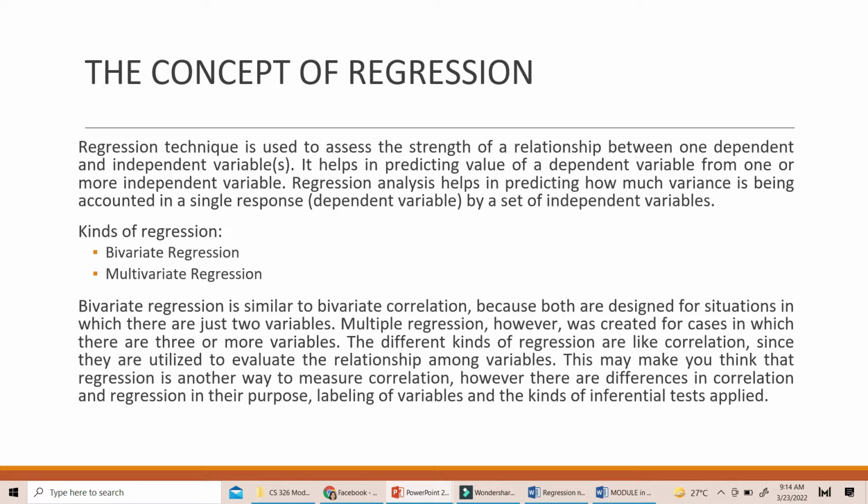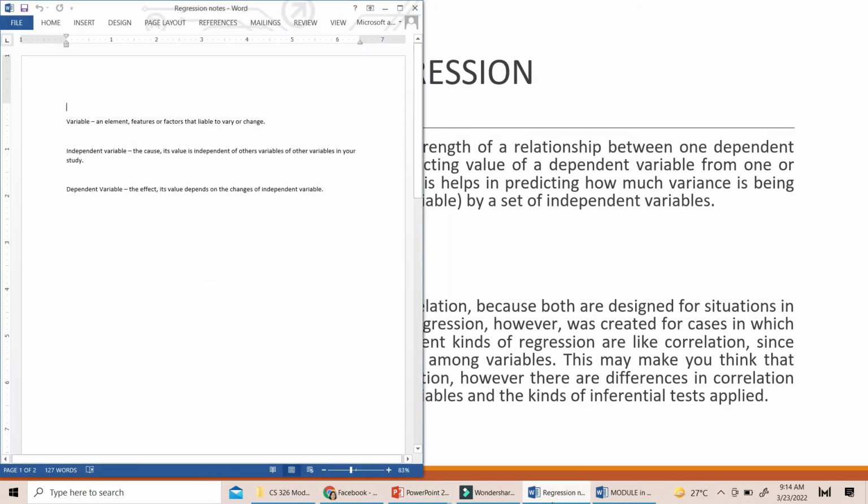By the way, do you know what a variable is? I hope you know, because this term will be used many times. I'm going to write it here so that you will know what variable means. A variable is an element, a feature, or a factor that is liable to vary or change.